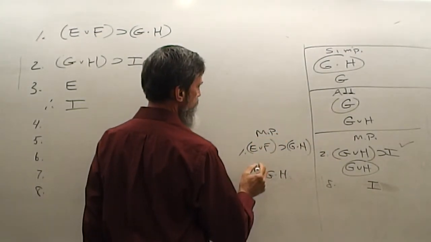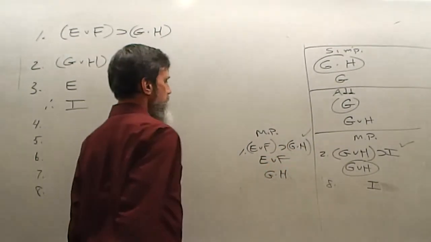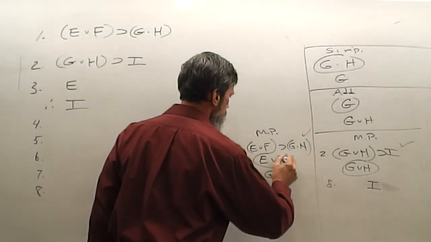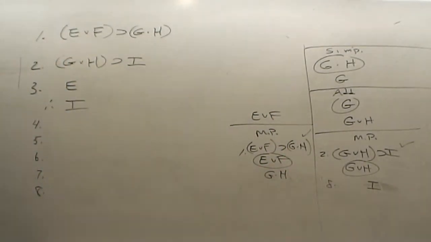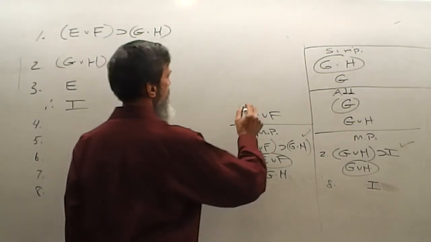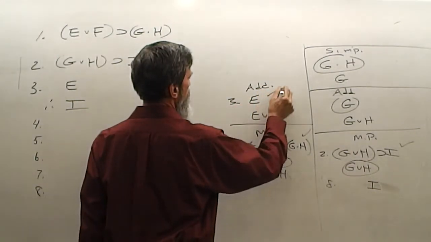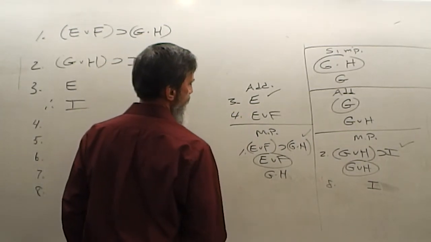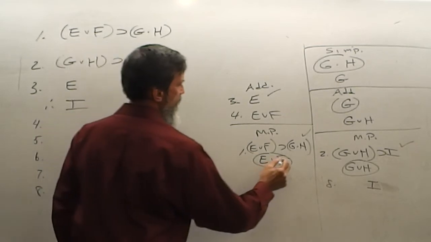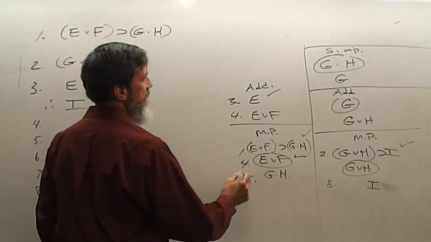What do you need as a second premise? E wedge. I don't think you have it though. No. We just added. How do you plan on getting it? Addition. Added. There it is in line 3. Better make this 4. Better make that 5.